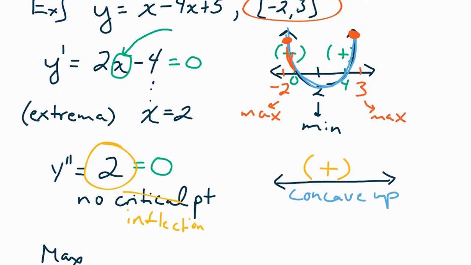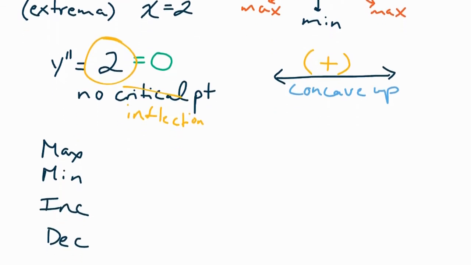The behavior of the slope is that it's going down, and the behavior of the slope before this maximum is that the slope is going up. So that's why I'm able to say that -2 and 3 are maximums.